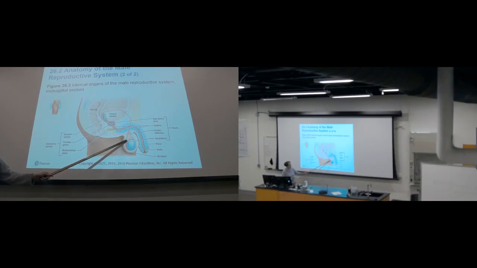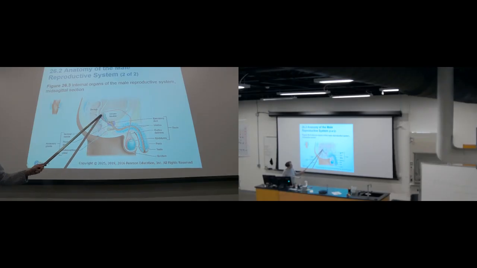And then here we have a long duct, which is called the ductus deferens, which is located inside the spermatic cord, together with blood vessels, nerves and lymphatics, and carries the sperm cells into the ejaculatory duct in this region.